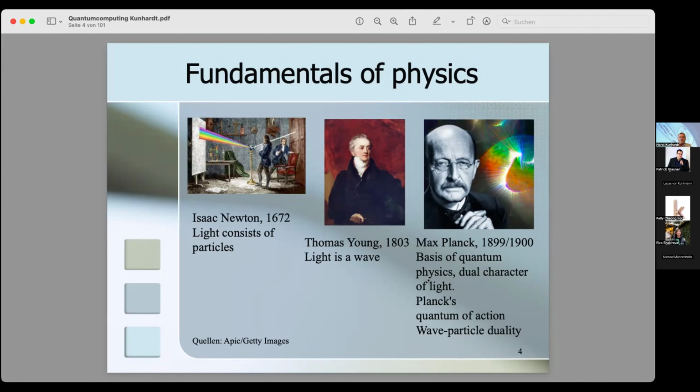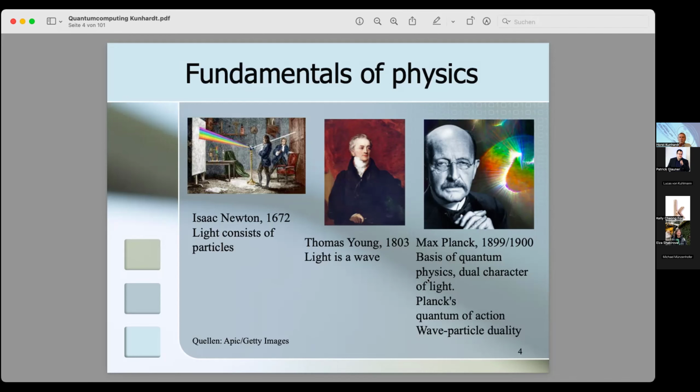Then another scientist, Thomas Young, an English scientist, found out that light is a wave. What is right? Is light consisting of particles, or is light a wave? Today we can say light is both. It is particles and it is wave, as a waveform.